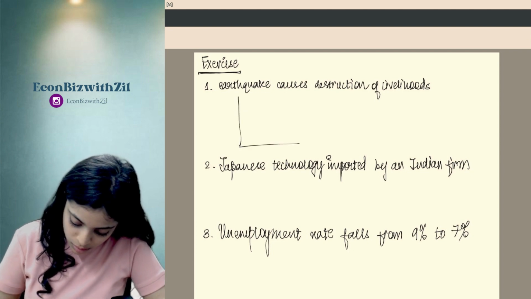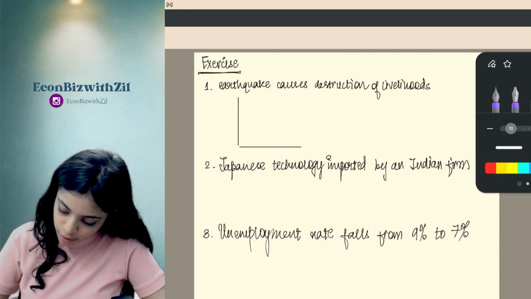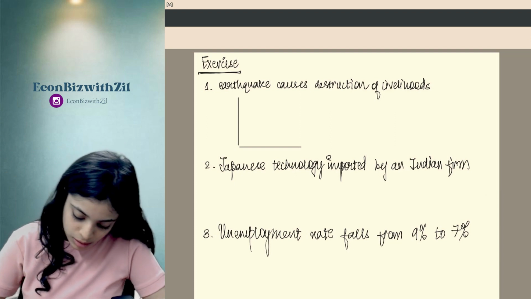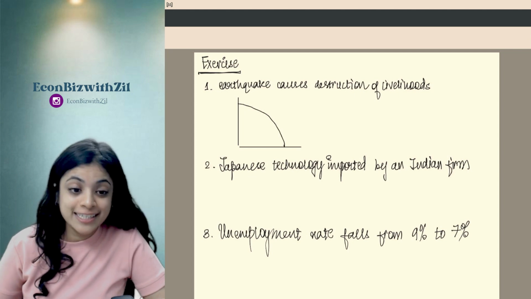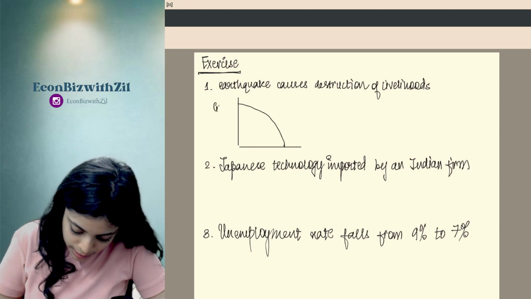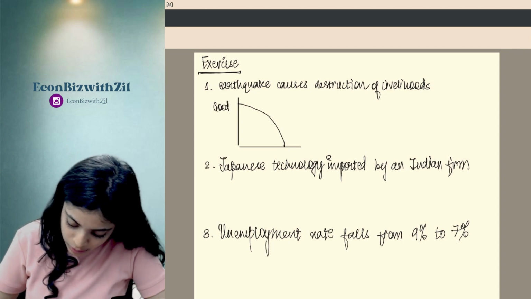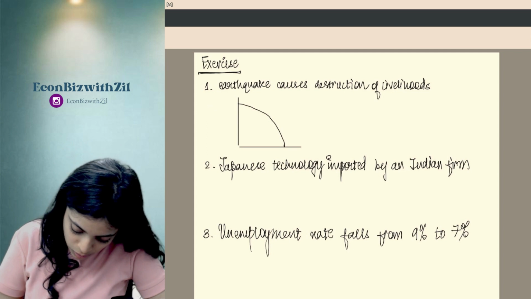For the first one, this is what it'll look like. If there's destruction of livelihoods, there's a decrease in the quantity and quality of resources. Firstly, I'll write capital goods and consumer goods.